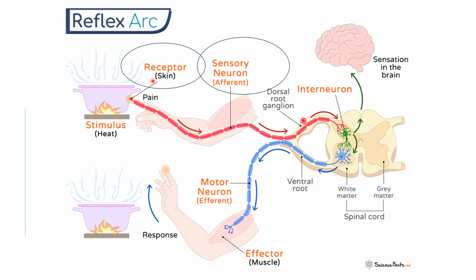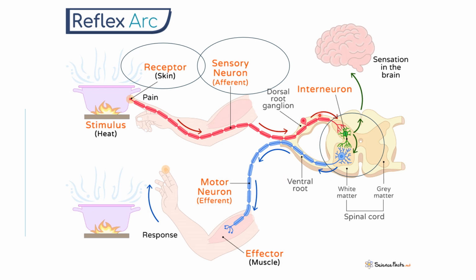The second component is this receptor response, which will be carried by a sensory nerve or the afferent nerve. Now in this afferent pathway there will be generation of action potential. As action potential has a propagatory nature, this response will be propagated to the central nervous system.